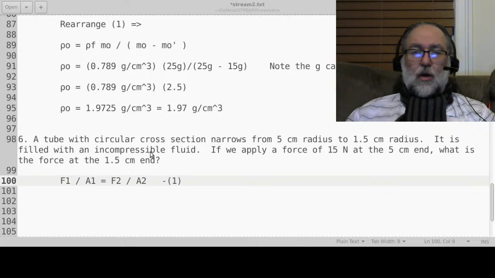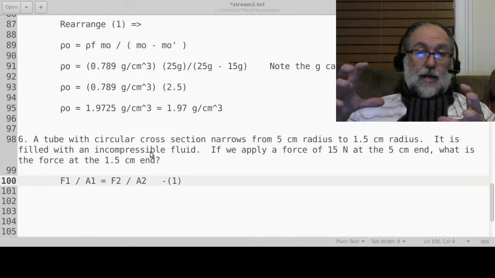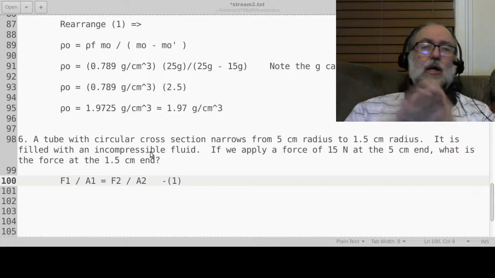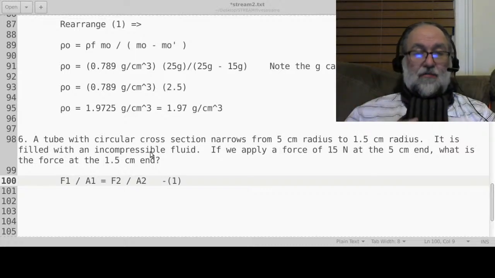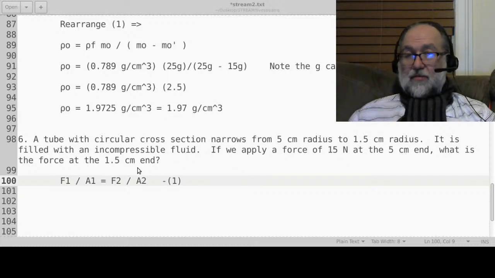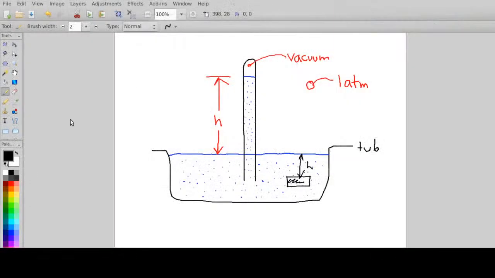That is a fluid which, when you put pressure on it, sustains the pressure, but its volume doesn't change. So it doesn't have a pressure dependent volume. That's what an incompressible fluid means. And we apply a force of 15 newtons at the 5 centimeter end. What is the force at the 1.5 centimeter end? You know what? I think I will draw a diagram, I think it will help.